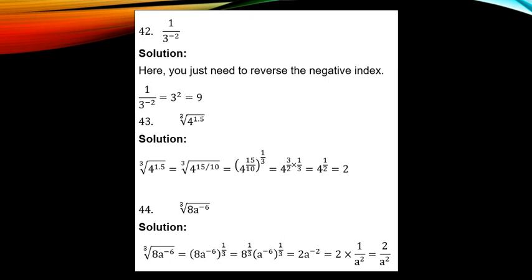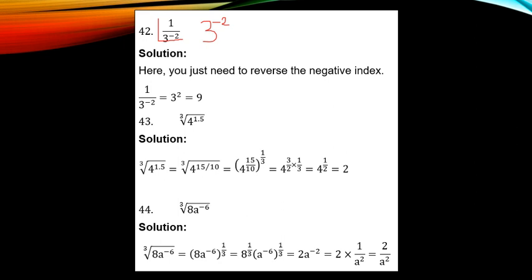Example 42. You have 1 over 3 to the power of minus 2. Here you just need to reverse the negative index. Assuming we have 3 like this to the power of minus 2, to remove the minus, you write the inverse.